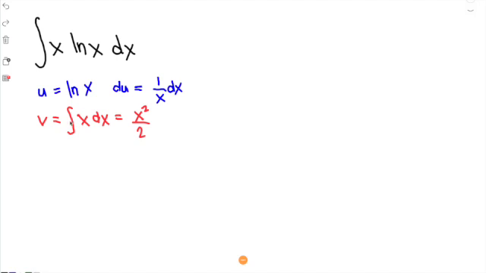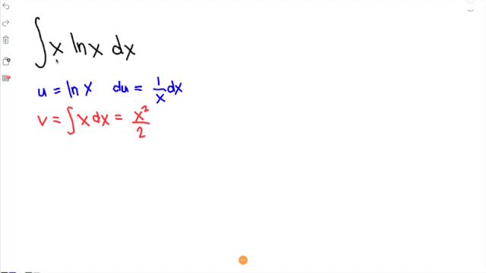So v is equal to the integral of x dx, simple power formula, and that will just give us x squared over 2. We actually can write here plus c, but you will realize later that writing plus c will not be needed, as it will just be cancelled in the final answer, the c for this one.